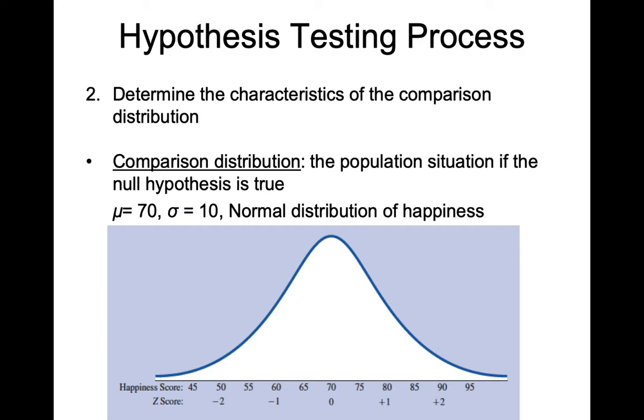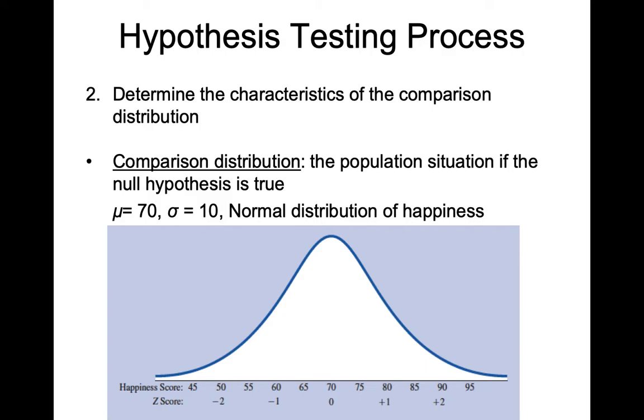So if we know the characteristics of the population of people without money, that tells us exactly the situation if the null hypothesis is true, because then people with money are exactly the same as everybody else. So our comparison distribution is just what everybody else looks like. Okay, so if the null hypothesis is true and if money has no effect, people with money look just like everybody else. So if we know what everybody else looks like, we've got our comparison distribution.